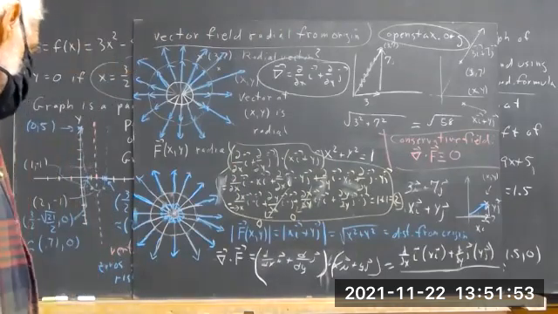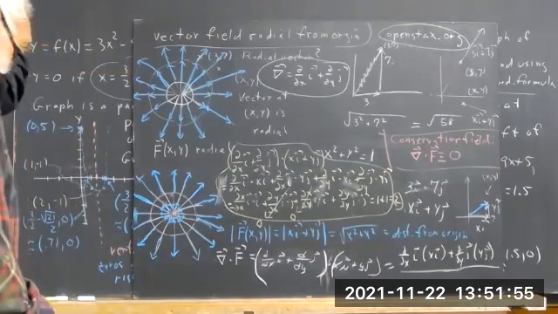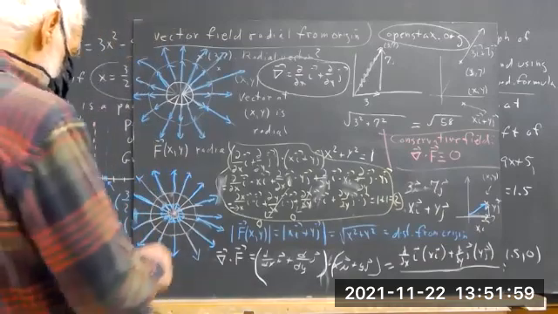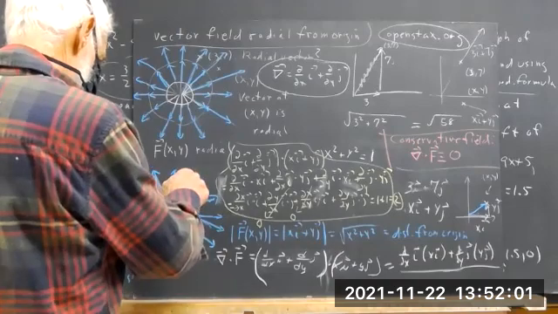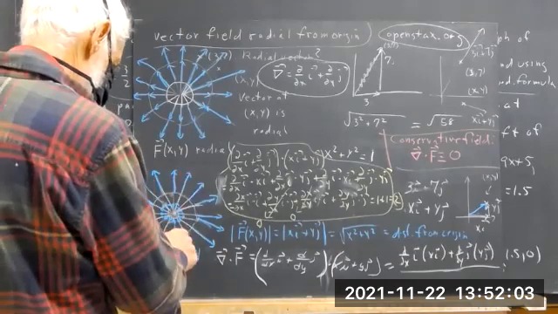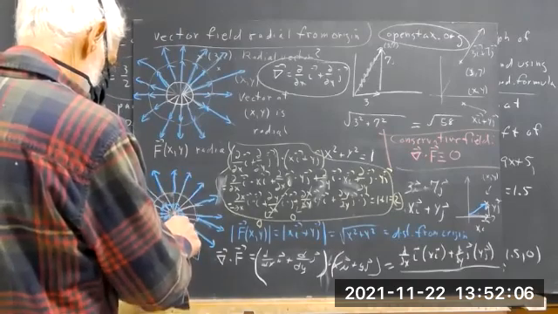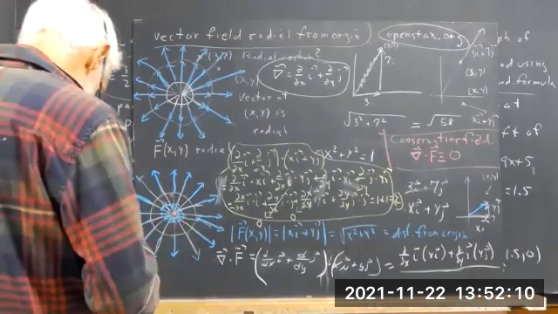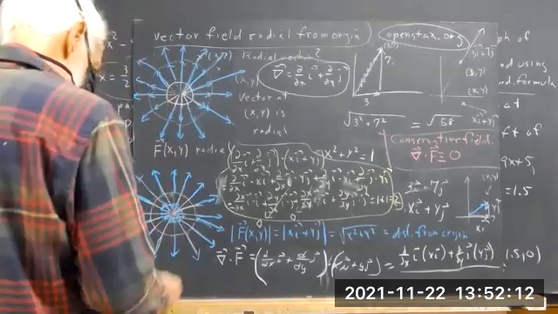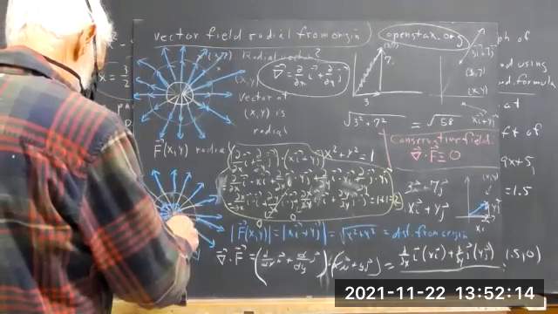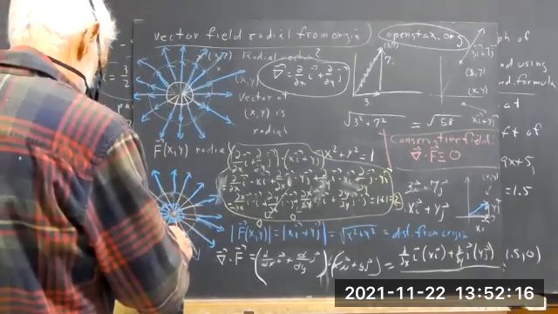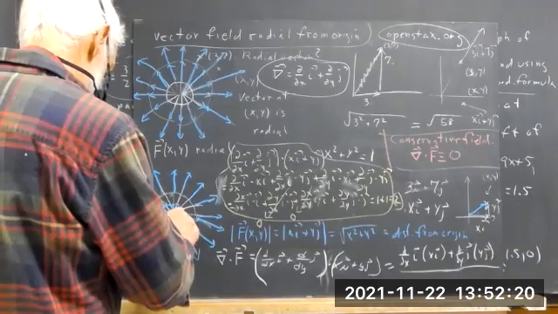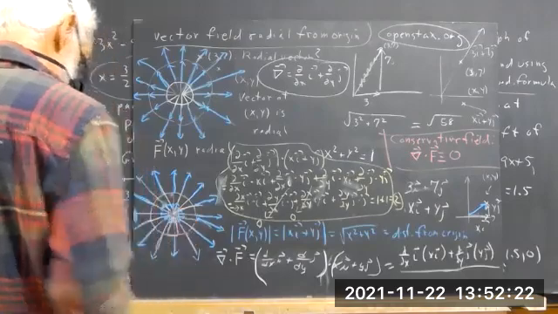Now, if I wanted to do a line integral of this field around, let's say, this path.